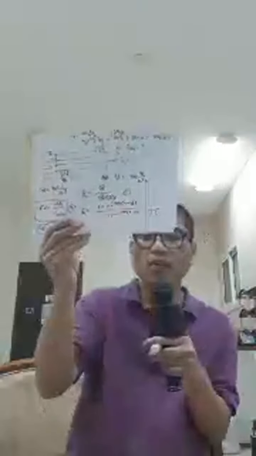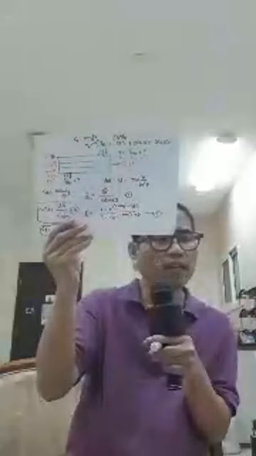Then we have the delta TH. Look at it: they are in the same direction, so it's going to be THI minus THO.